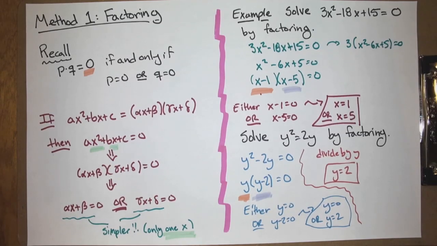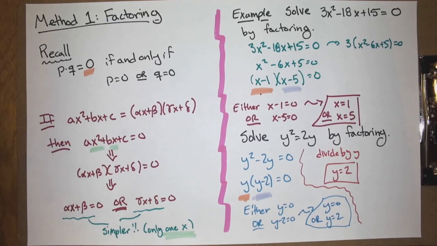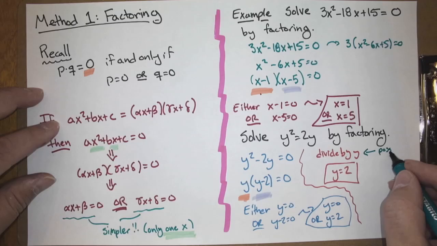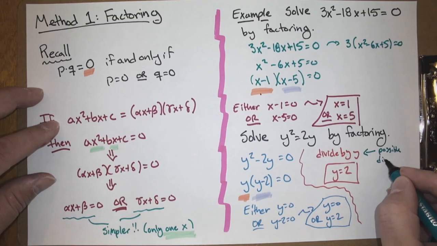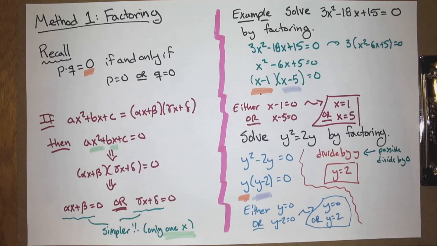Not cool. All right. The problem is, what's the one thing you're not allowed to divide by? 0. And so the problem is, dividing by y is a possible divide by 0, because y could be 0. We don't know that. And so you have to be careful. So if you're ever dividing out to cancel stuff, make sure whatever you're dividing by can't be 0.